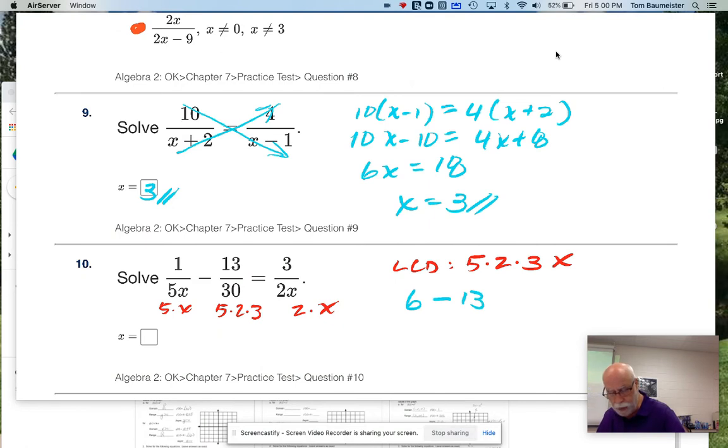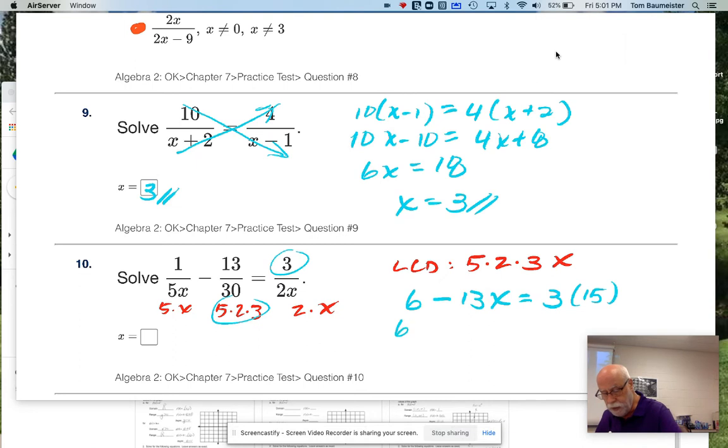Let's see, on the bottom, I have 2, I have 3, and I have 5, right? So it looks like the only thing I'm going to put on the top is the x. And on the one here, I have the 3. What am I missing on the bottom? That would be 5 times 3, or 15.